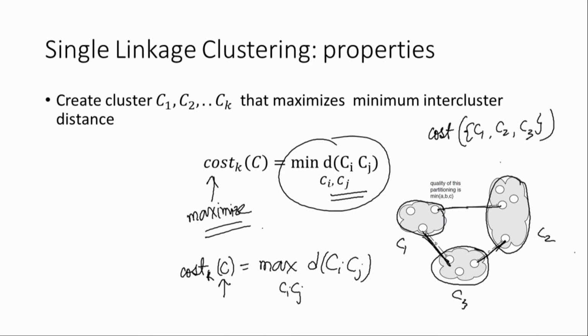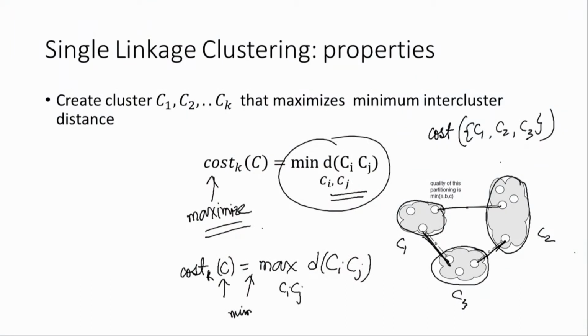Now you're searching over all possible clusterings. What will you do there? Then it makes sense to minimize this, because max of max doesn't make sense. Either you minimize the maximum distance or maximize the minimum distance. This may have other nice properties, I'm sure, but this is something that we use.